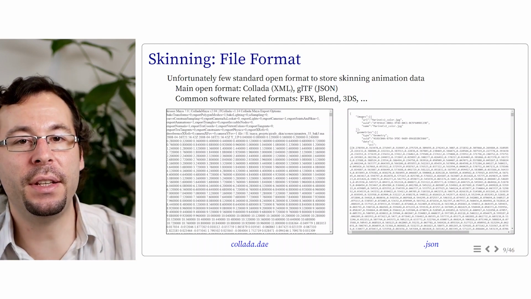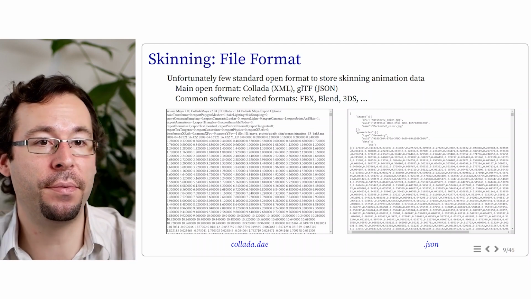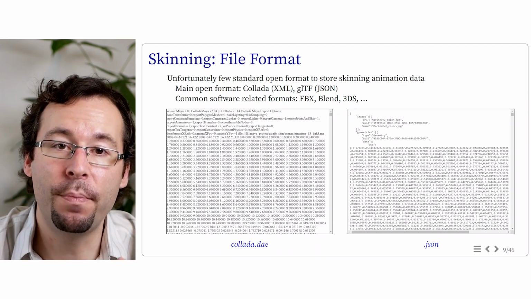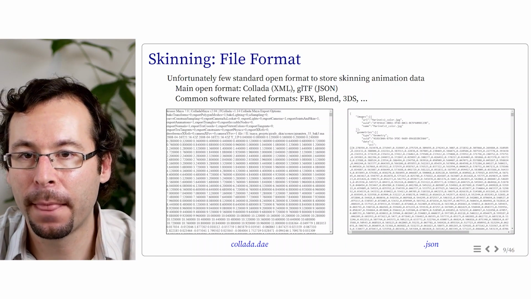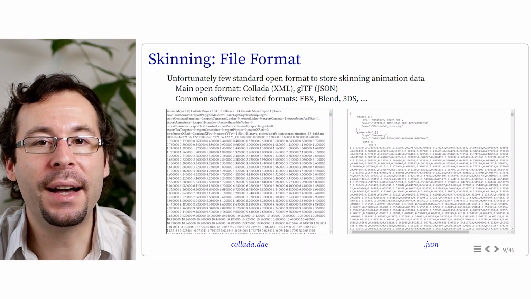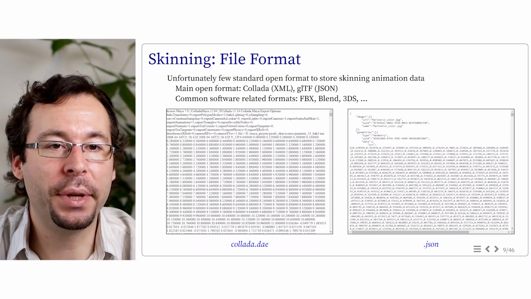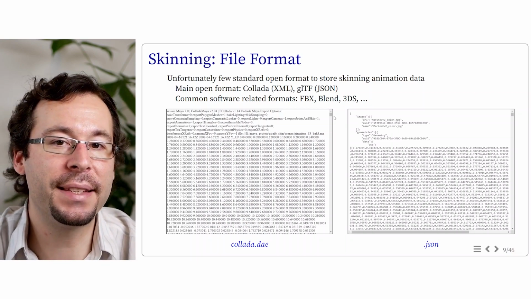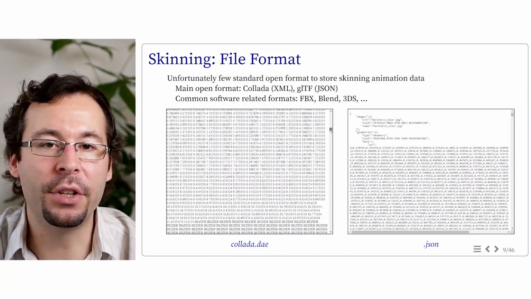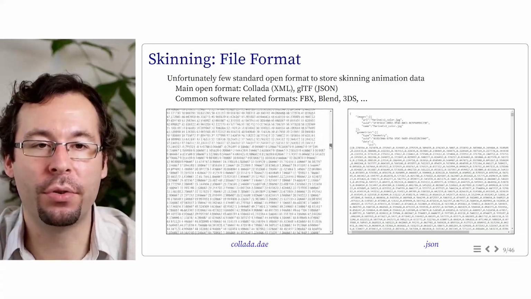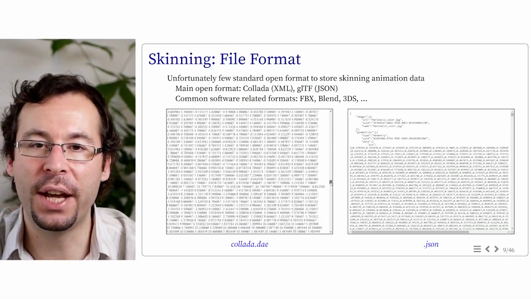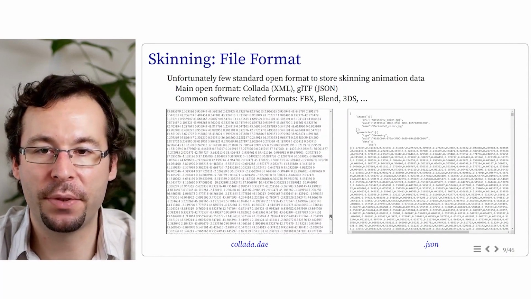So this genericity comes at a price, which is that these formats are much more complex to parse and use correctly. So among the open and ASCII-readable formats, we can find Collada, which is an XML norm, and glTF from the Khronos Consortium, the same as OpenGL, which uses the JSON language.